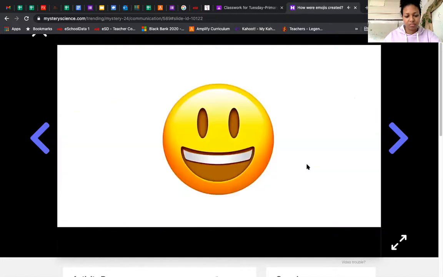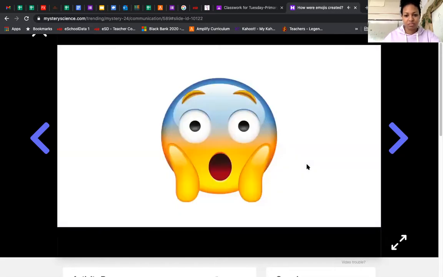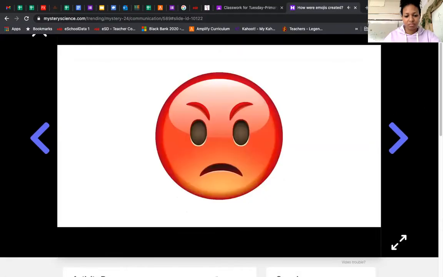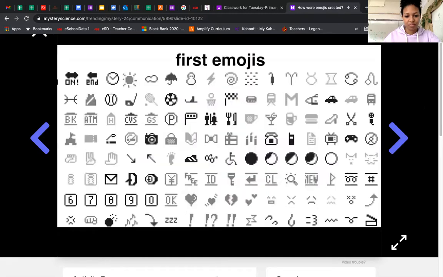They can show how you're feeling. Like if you write sure and you include a smiley face emoji when you send it, then someone will know that you mean you're excited. And there are emojis for just about any feeling you have, like an emoji for when you feel shy, an emoji for when you feel angry. There's even an emoji for those times that you're laughing so hard that you cry. And emojis have become really popular.